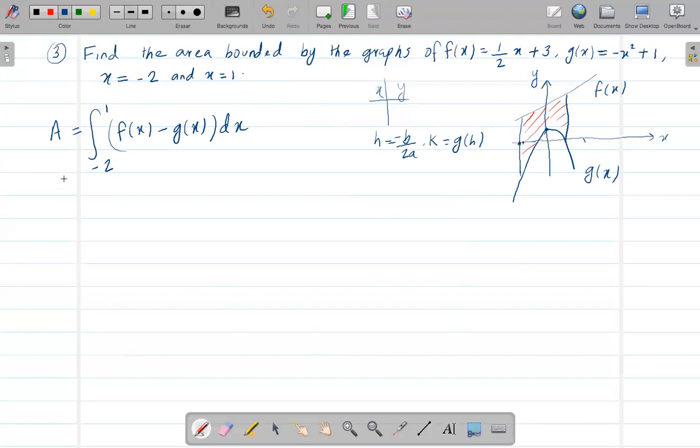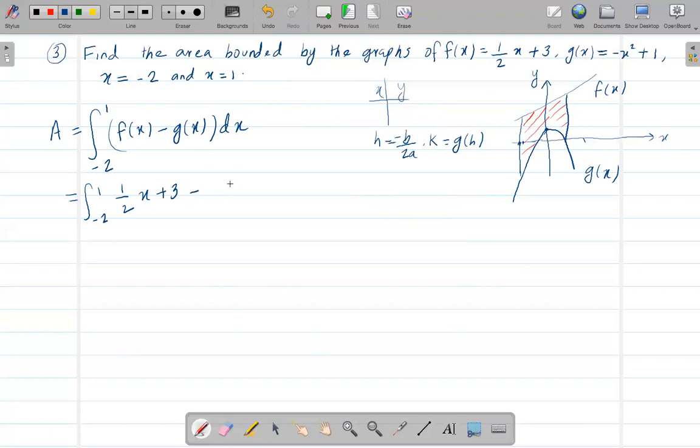Now, f of x is 1/2 x plus 3 minus g of x, so I have to distribute this minus to both terms.